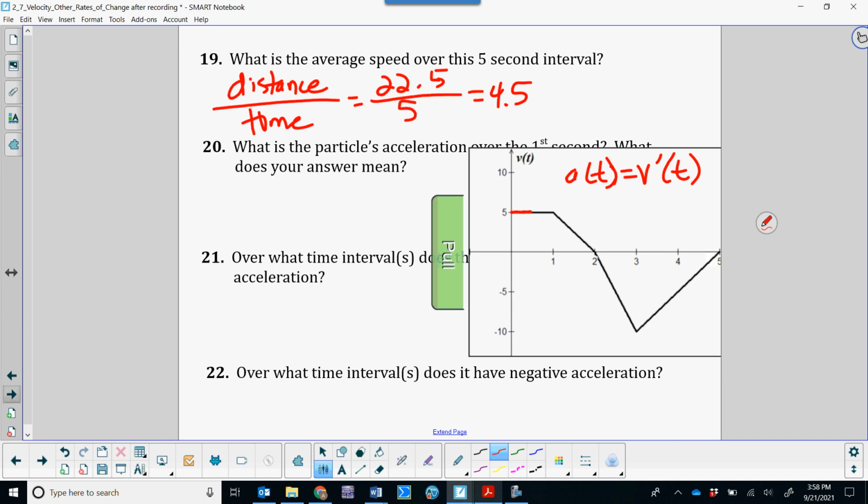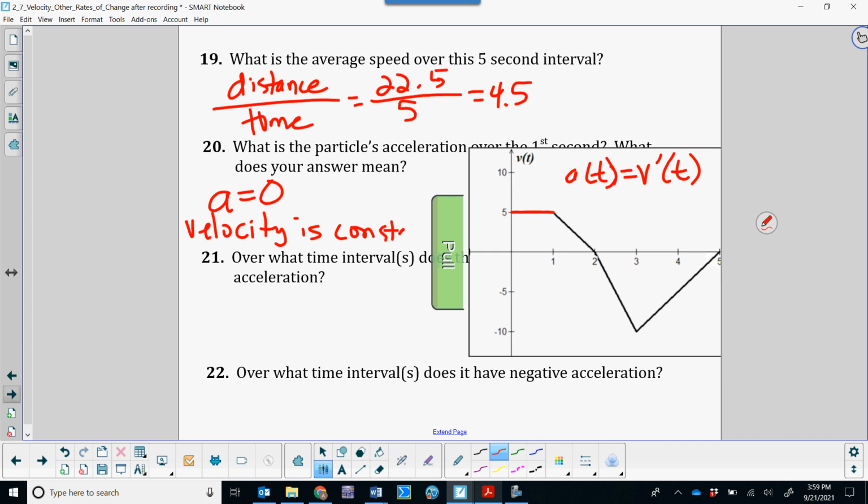So the slope in the first 1 second is 0. So the particle's acceleration in the first 1 second equals 0. What does the answer mean? That means that the velocity is constant.